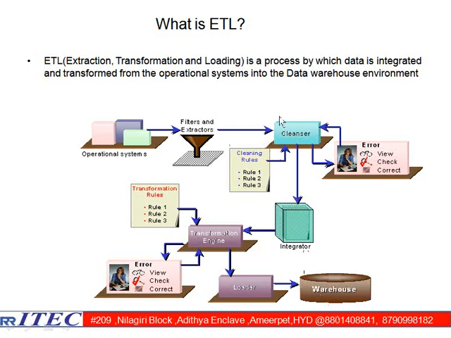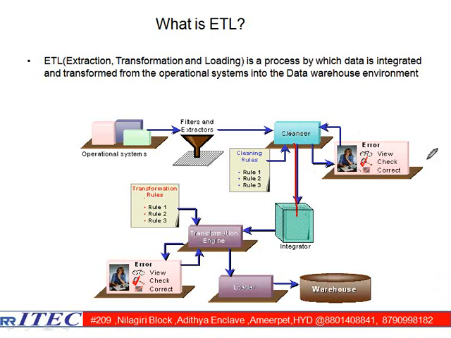Whether we use this filter or router, we are separating correct data and dirty data. Correct data we send for further processing, and dirty data we send back to the business asking please correct this data.